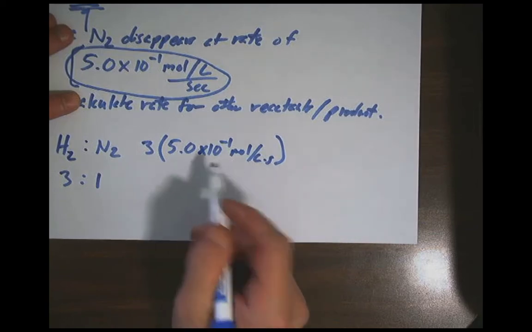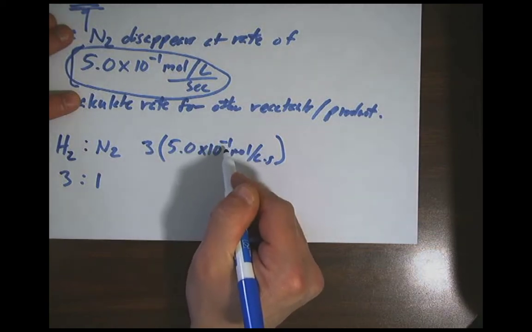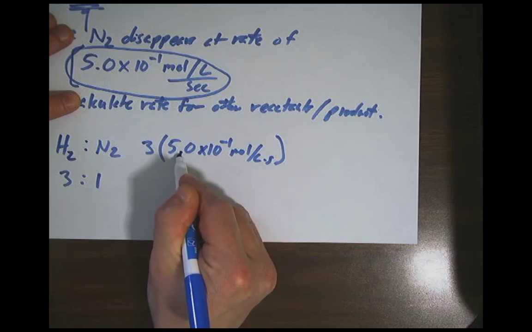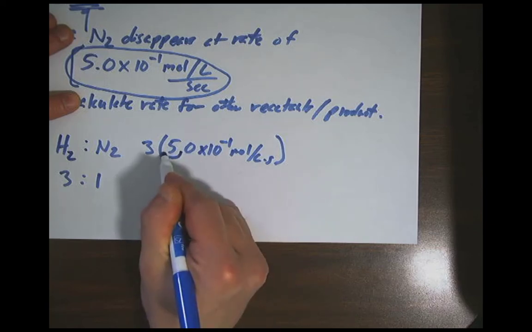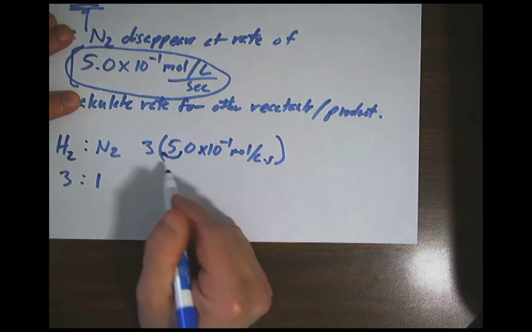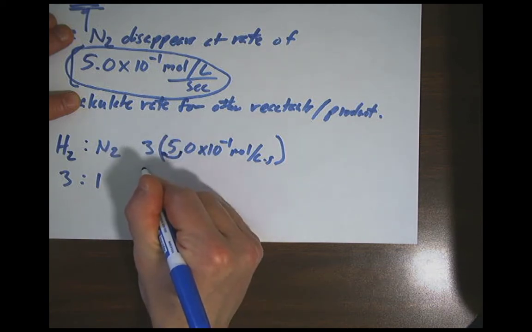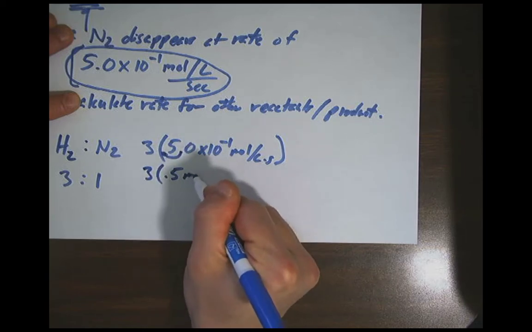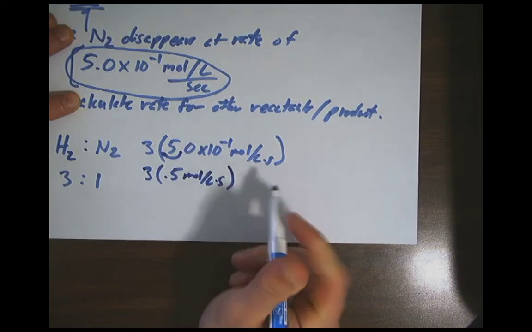Remember with scientific notation that times 10 to a negative means you're going to make that number one decimal space smaller. And so that's really 3 times 0.5 moles per liter per second.